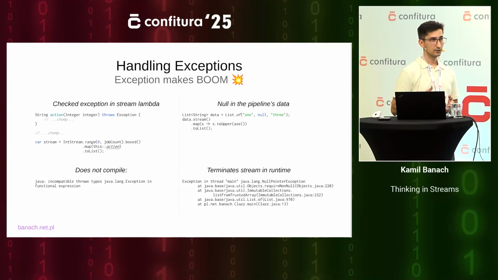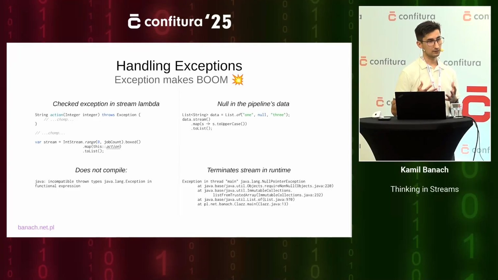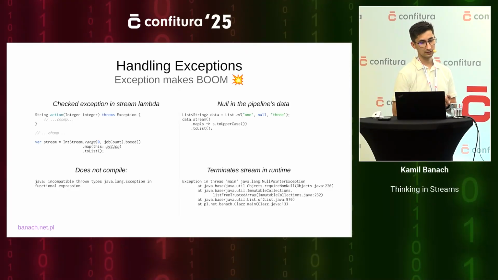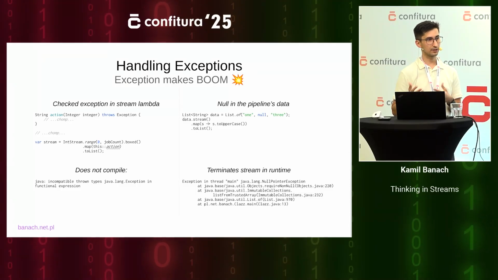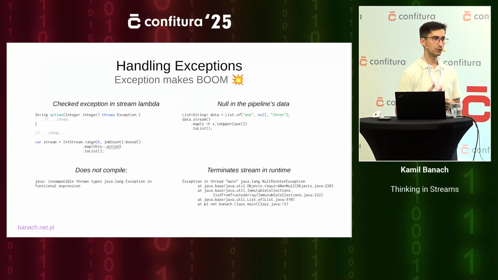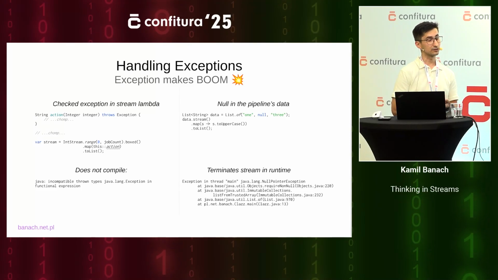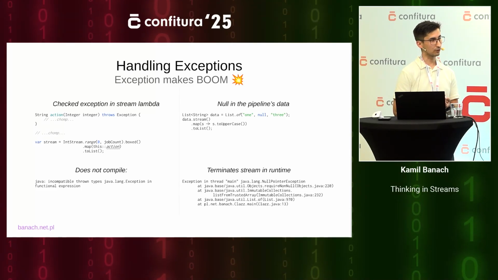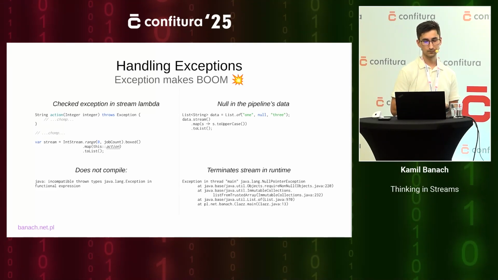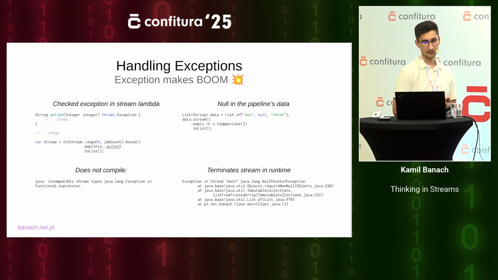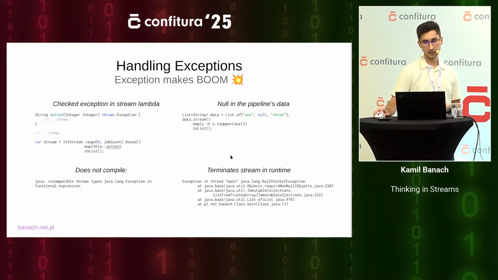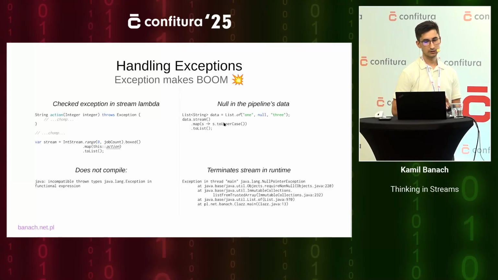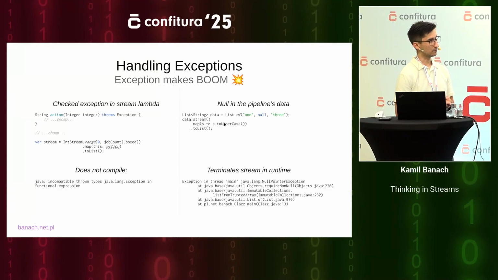The most important thing, or maybe not the most, but the one that will break in production, is that exceptions go boom. So in the end, if we have the streams, we need to be very careful with exceptions in our code, especially the runtime ones, so unchecked exceptions, because in the end, any exception that we have in the stream will terminate this stream at runtime.